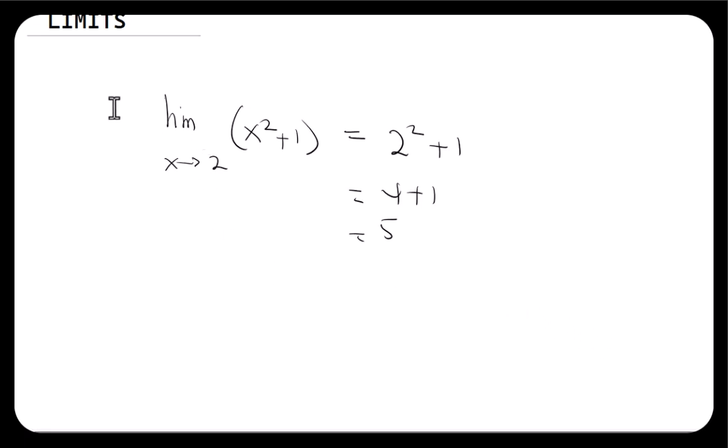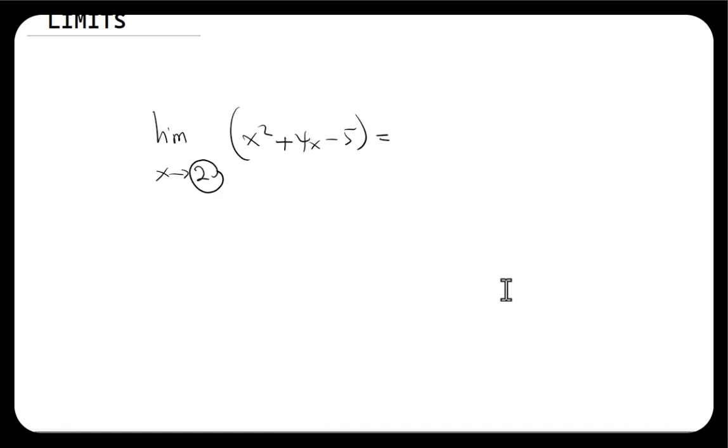Let's try another example. Limit as x approaches 2 of the expression x squared plus 4x minus 5. Now the same way, we take the number over here and we substitute it right back into the function given over there.